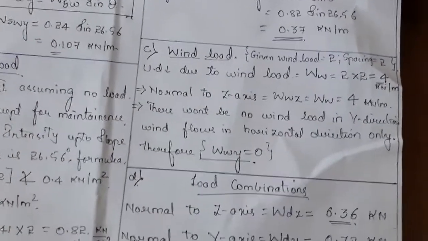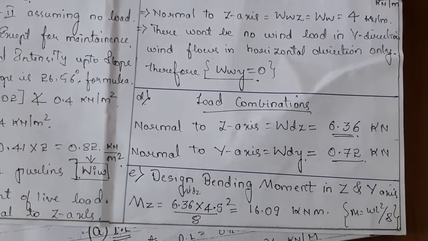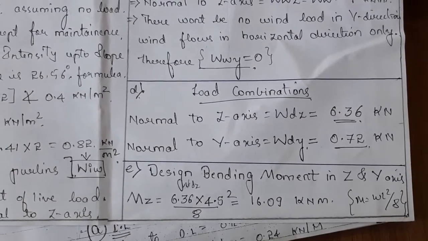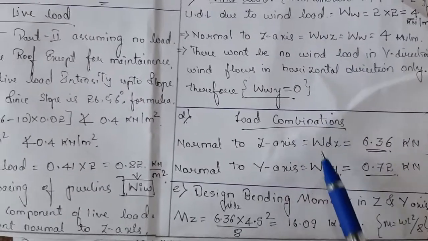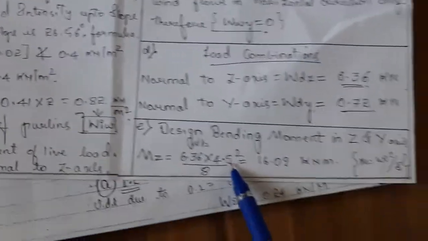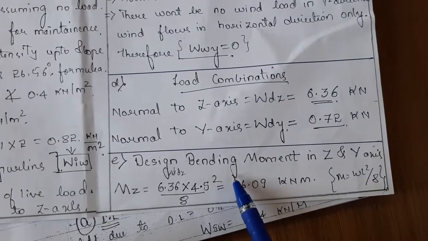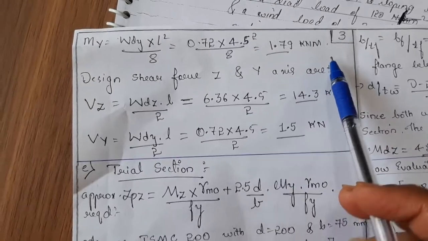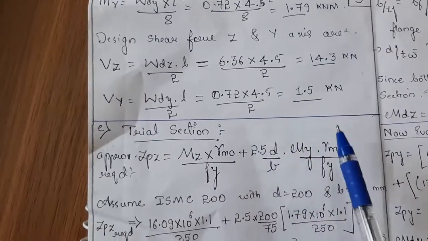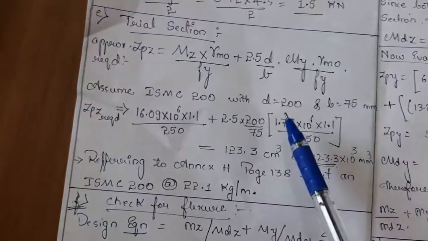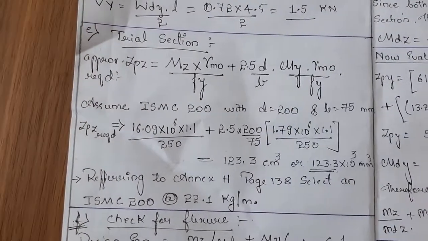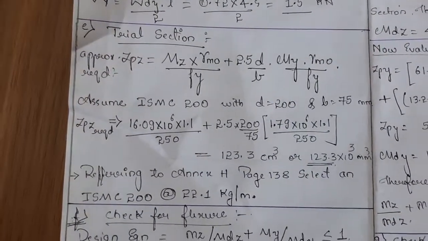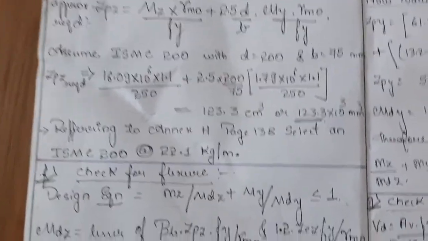Along y direction we found it was 0, and after the load combinations we had finalized WDZ and WDY, and after that we had come down to the design bending moment in z and y directions. After that we had calculated the bending moment in y direction and shear forces in z and y directions, and for the trial section we had this formula. So we have finalized ISMC 222.1 kg per meter.